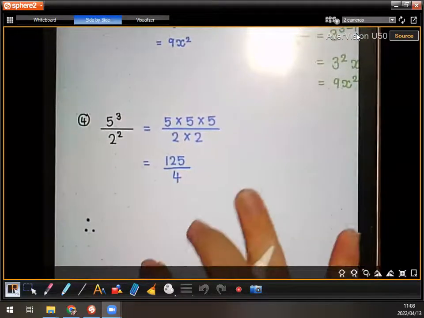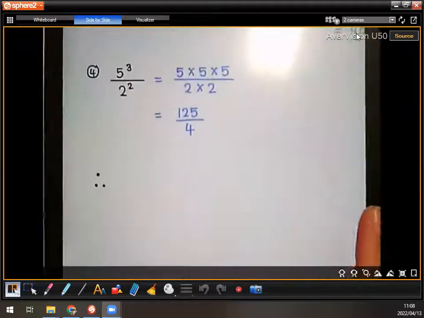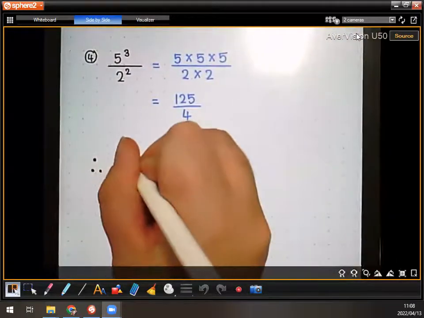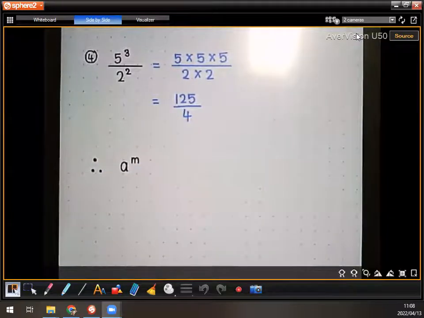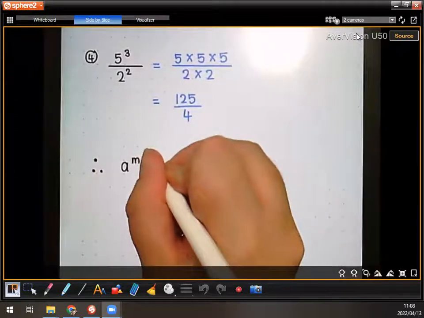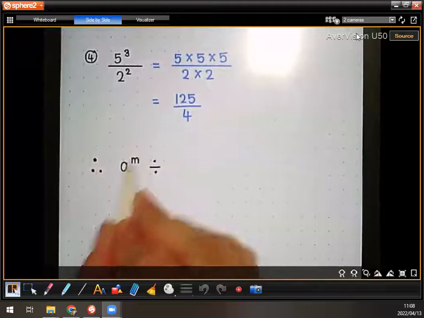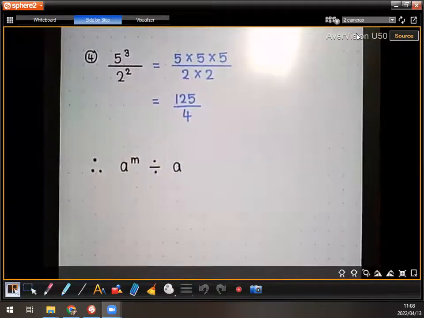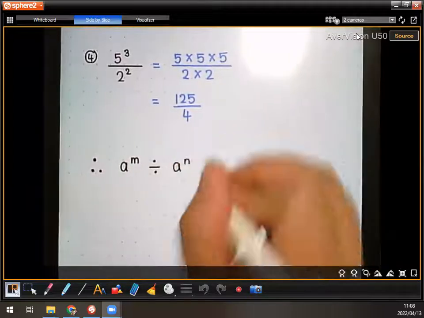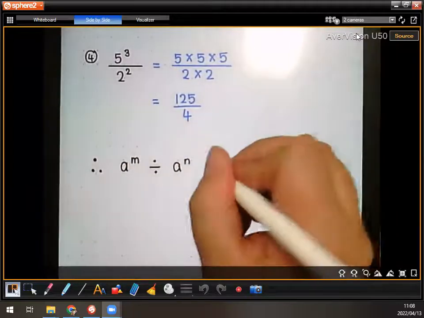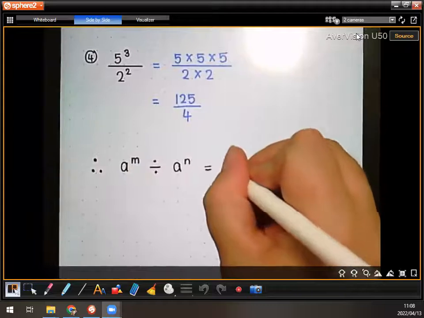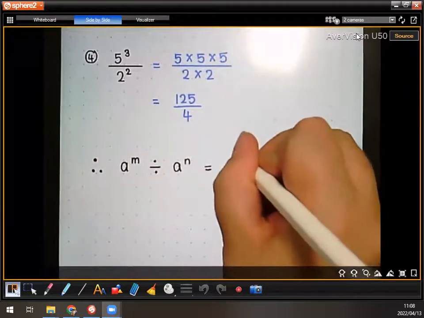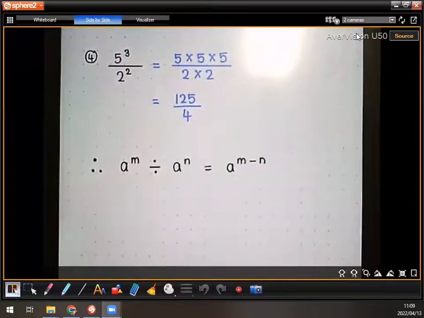Therefore, our conclusion that we are making after doing all of these examples. If you have, I'm going to write it in general terms, all right? So I'm going to use letters to write down this rule. If you have a to the power of m, so a base to the power of an exponent, and you divide that by the same base, so a again, with a different exponent, your answer is then going to have the same base, and you're going to take the first exponent minus the second one.